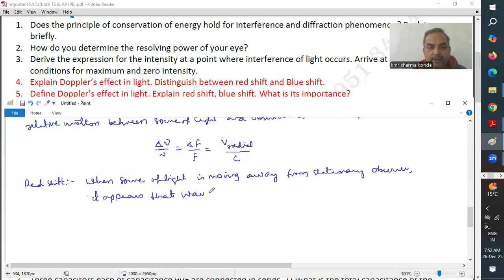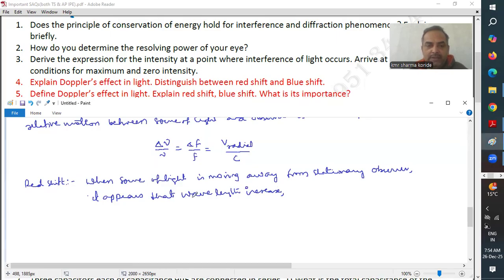This increase in wavelength is close to the wavelength of the red in the spectral series, and spectral line shifts towards red.